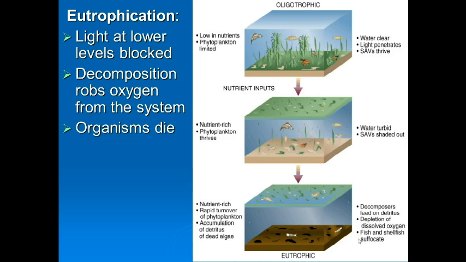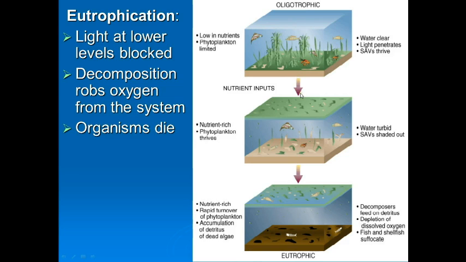When you have eutrophication, light at lower levels gets blocked. So an oligotrophic system is what you want. It's low in nutrients, you're limiting the phytoplankton, the water is clear, light penetrates, the SAVs thrive.